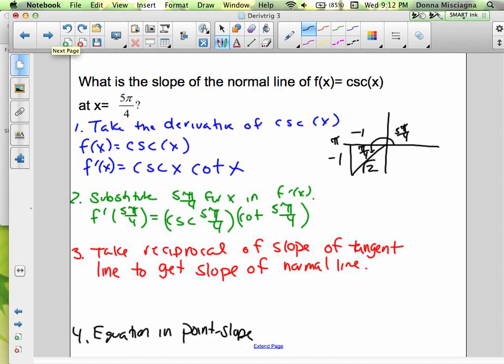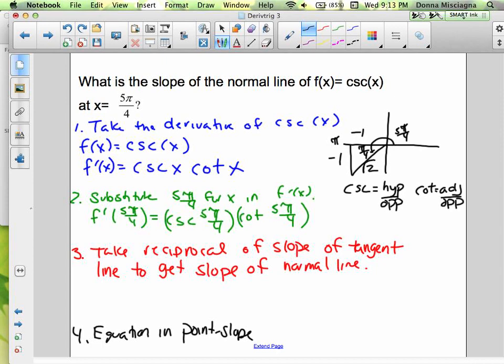So now we have our reference triangle. Cosecant is the inverse of sine, so it's going to be the hypotenuse over the opposite. Although here, whether we're using the opposite or the adjacent, it's going to be the exact same thing. And then cotangent is adjacent over opposite, the reciprocal of tangent.